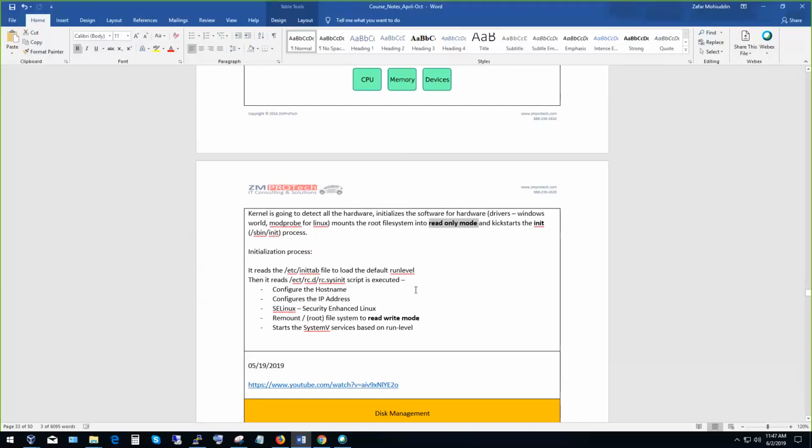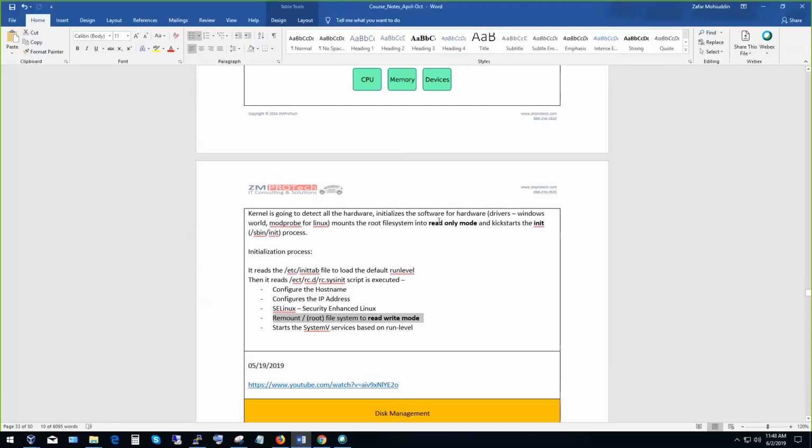So the init process goes through all of this, and then it remounts the root file system into read-write mode.